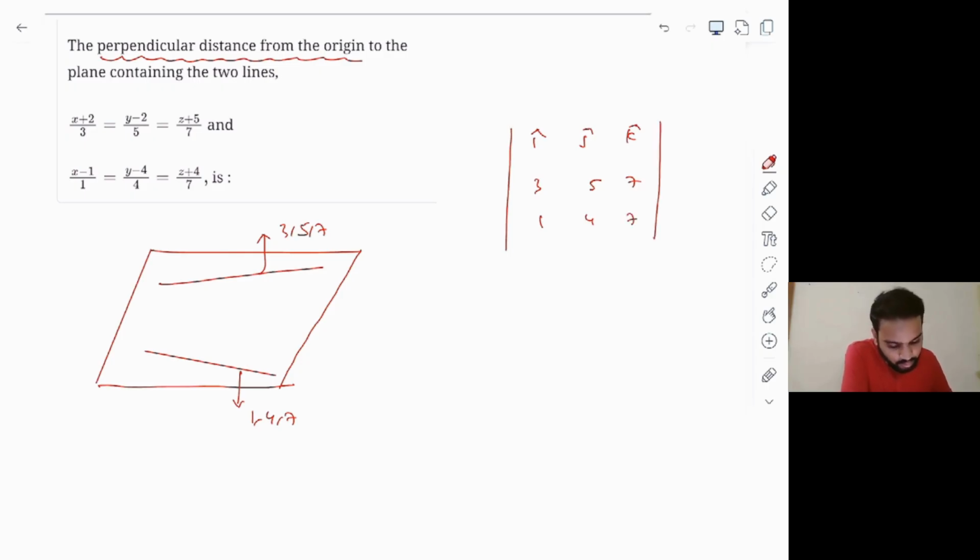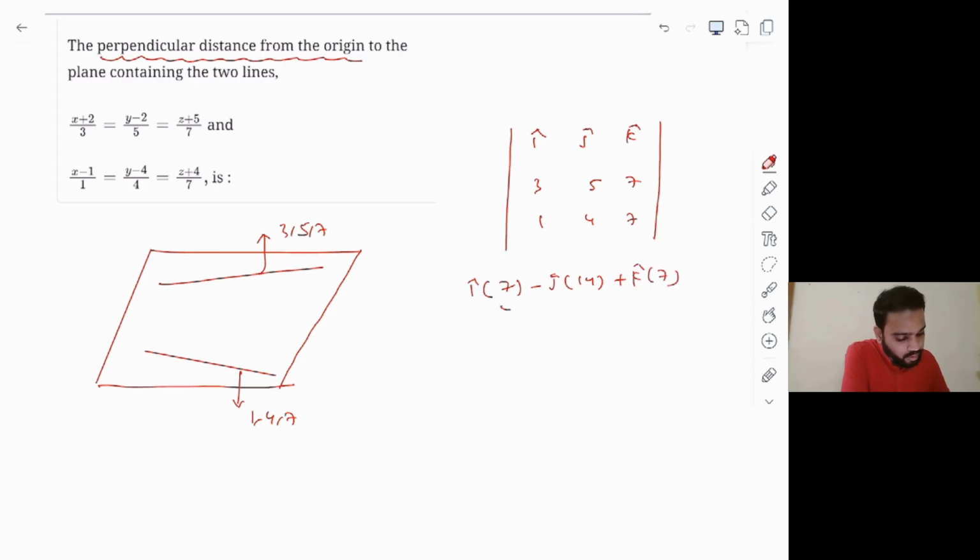Just expand completely here. That is i cap multiplied by 35 minus 28, which is 7, minus j cap multiplied by 21 minus 7, which is 14, plus k cap multiplied by 12 minus 5, which is 7.